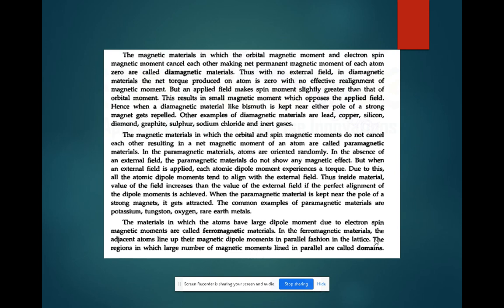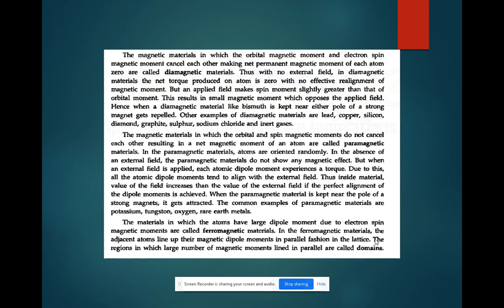The magnetic moments due to orbital as well as spin get cancelled, so the permanent magnetic moment is zero. The magnetic moment present in this material will be zero. That will be called a diamagnetic material.